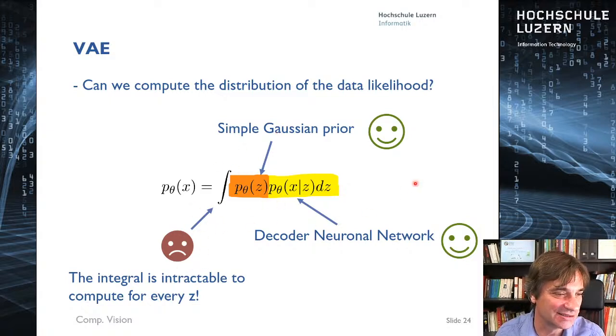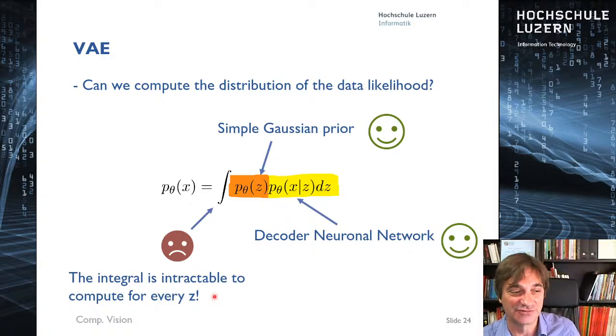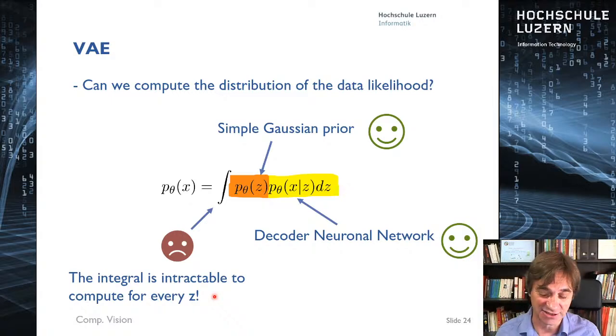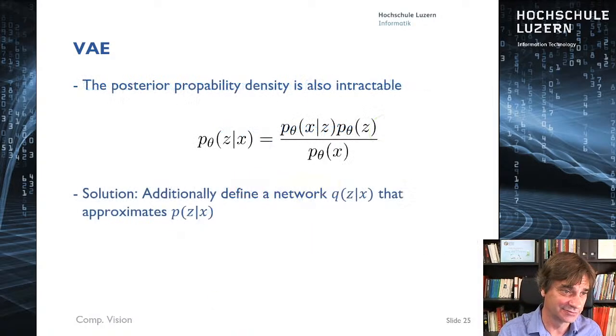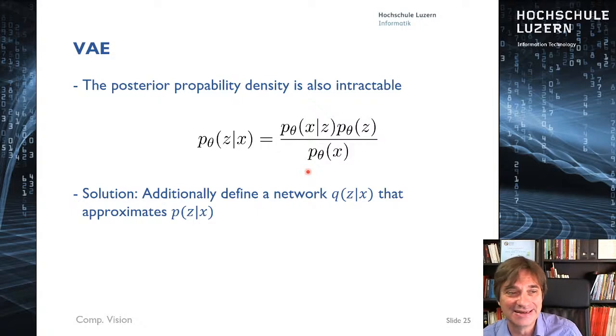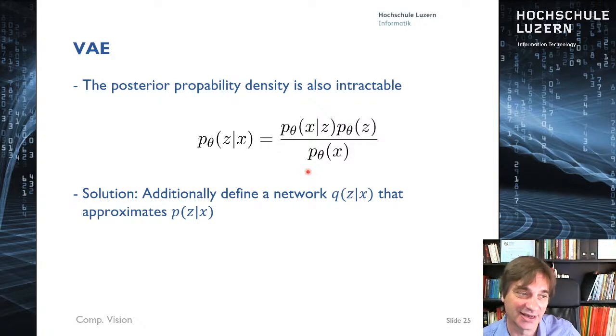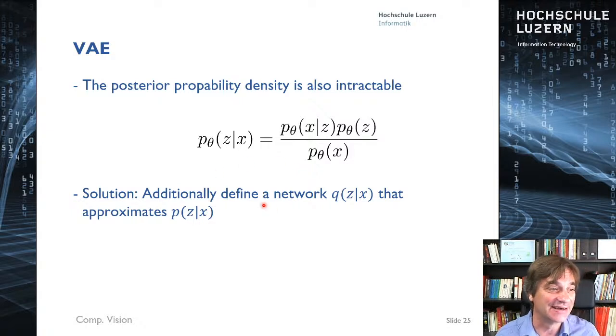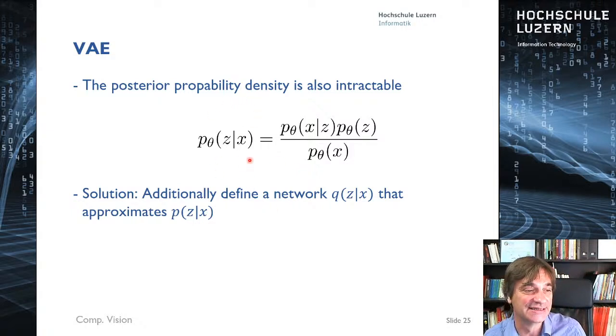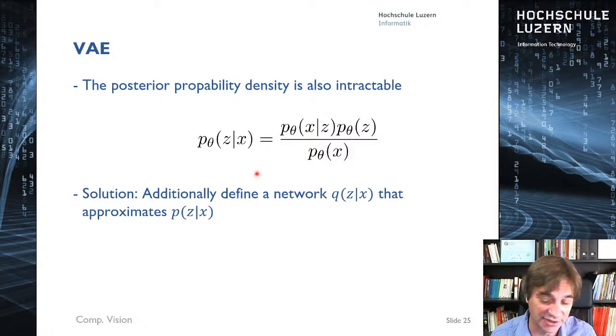But calculating this integral is not really possible for every value of z. So this is just intractable. And if you want the posterior probability densities, you could use Bayes, but unfortunately that is also intractable. So what you do is define a network that approximates this density distribution, and then you can use that to calculate the integral.